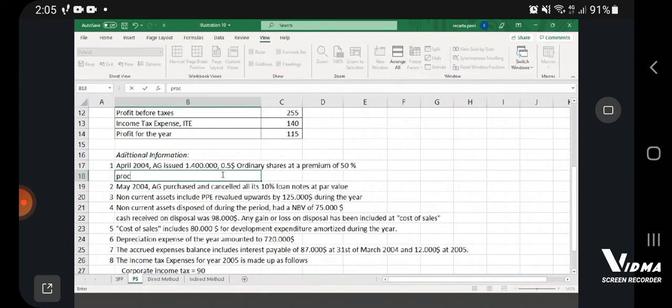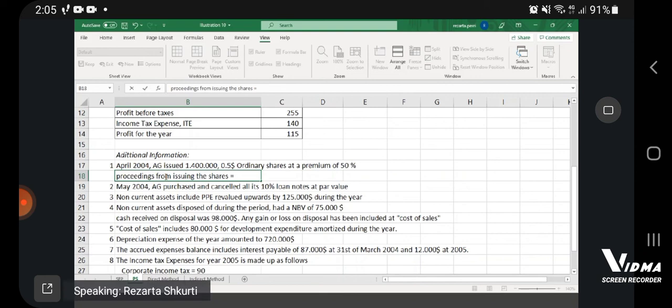So the proceeds from issuing the shares will be equal to something I can calculate exactly at this moment, and that will be helpful later when I prepare the cash flows from financing activities. This is a ready figure that I have calculated at this moment, okay?